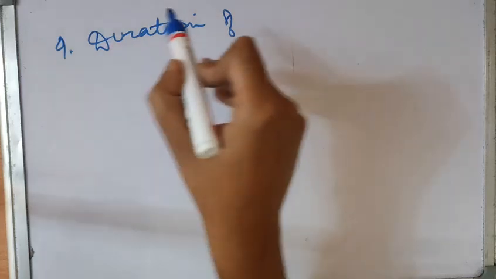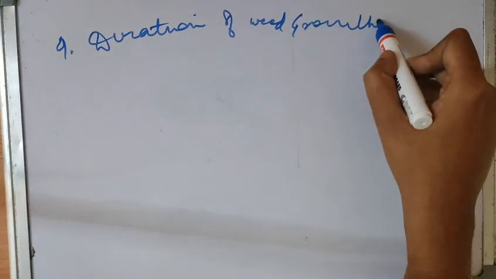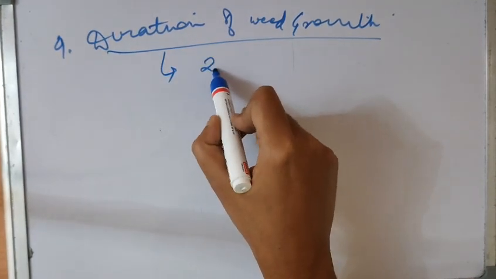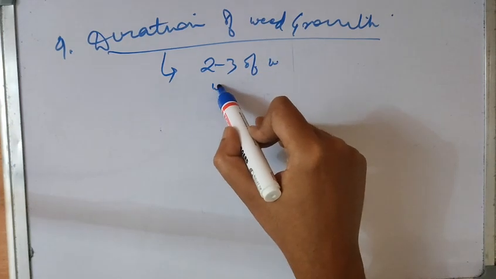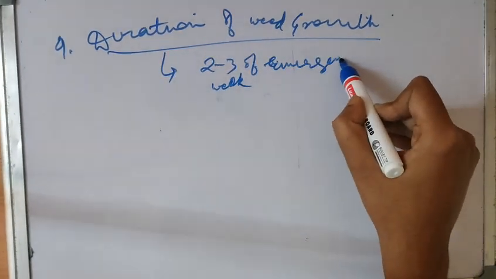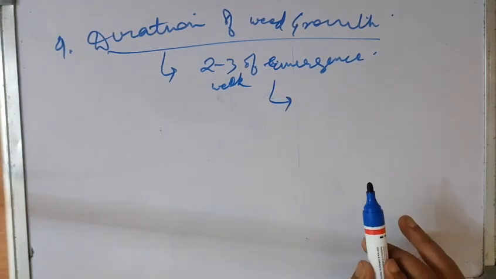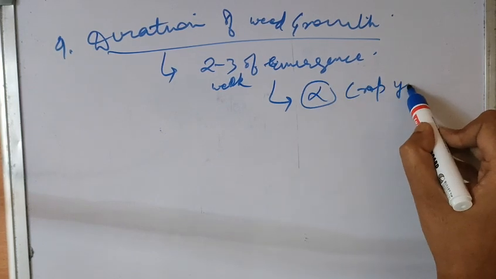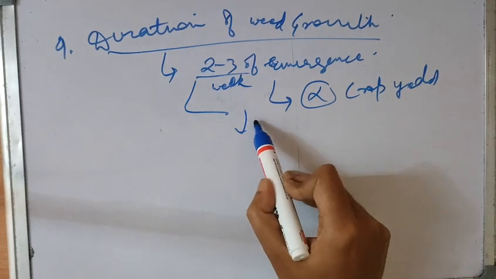This is number 4. If weeds are controlled in the first 2 to 3 weeks of emergence, then they will not affect crop yield significantly. But if they are not controlled in the first 2 to 3 weeks, then they will reduce yields.